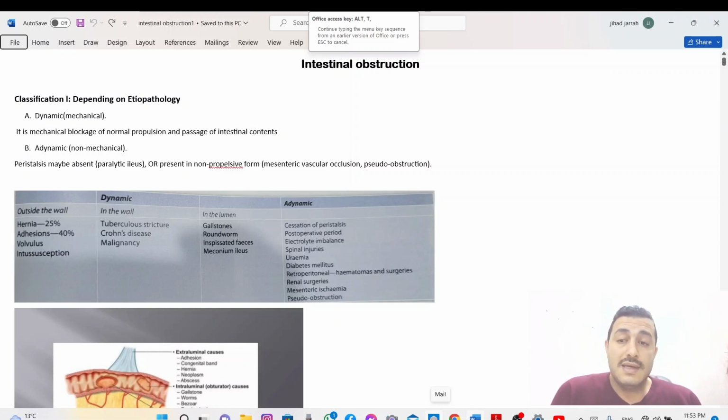It's about intestinal obstruction. As a brief introduction to this lecture, after reviewing many literatures discussing intestinal obstruction, I conclude that it's a little bit hard to discuss it as a unique entity, because finally this will lead you to the definitive diagnosis such as cancers, adhesions, pseudo obstruction, and these are different entities.